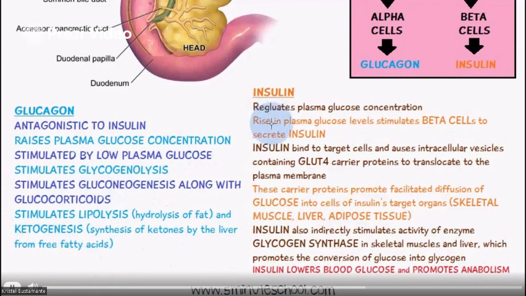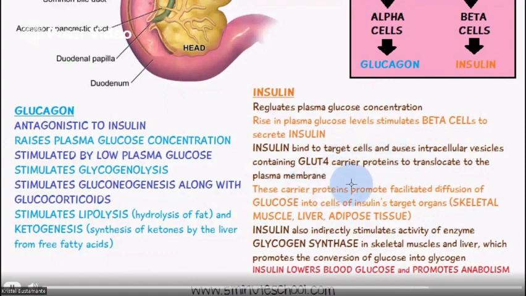Insulin regulates plasma glucose concentrations. A rise in plasma glucose levels stimulates the beta cells to secrete insulin. Insulin binds to the target cells and causes intracellular vesicles containing the GLUT4 carrier proteins to translocate to the plasma membrane.